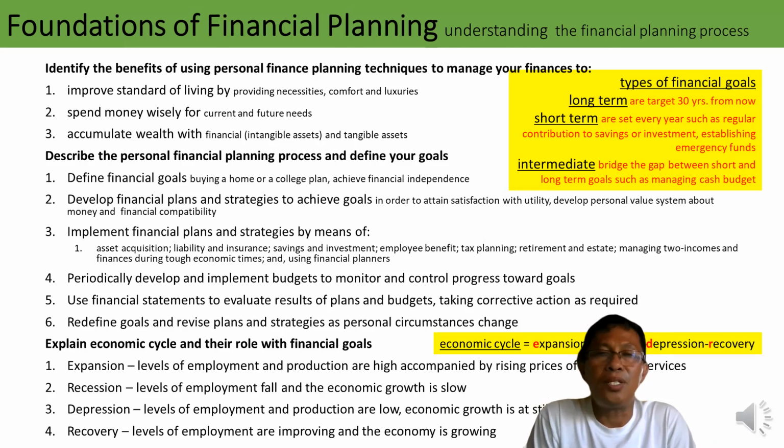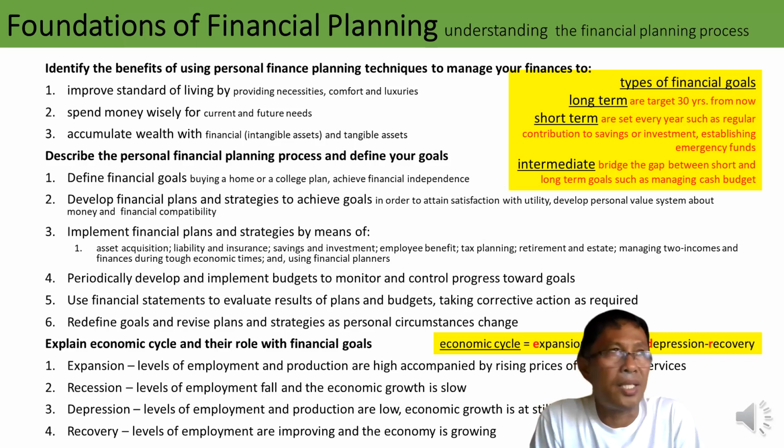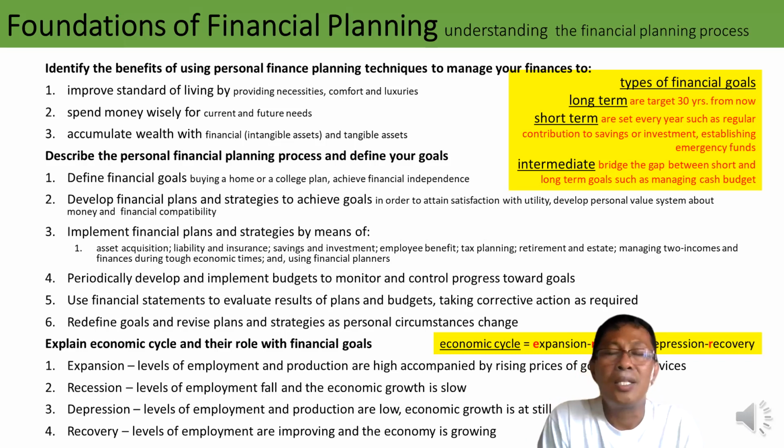And for your intermediate term, that bridges the gap between your short and long term. An example for that is to establish a cash budget on a year-to-year basis, which, as we discuss later on, will be tackled.